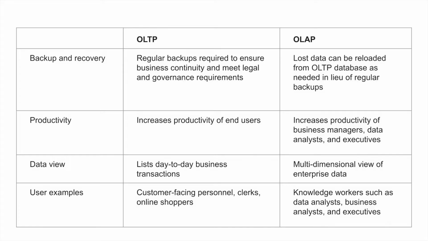Some of the other things can also be the productivity: in OLTP it is increased for the end user, whereas in OLAP, it's a productivity increase for data analysts and executives. Some of the user examples for OLTP are customer-facing personnel, online shopping, and all the other backend databases you can think of. In OLAP, the knowledge workers such as data analysts, business analysts, and executives basically use this kind of database.